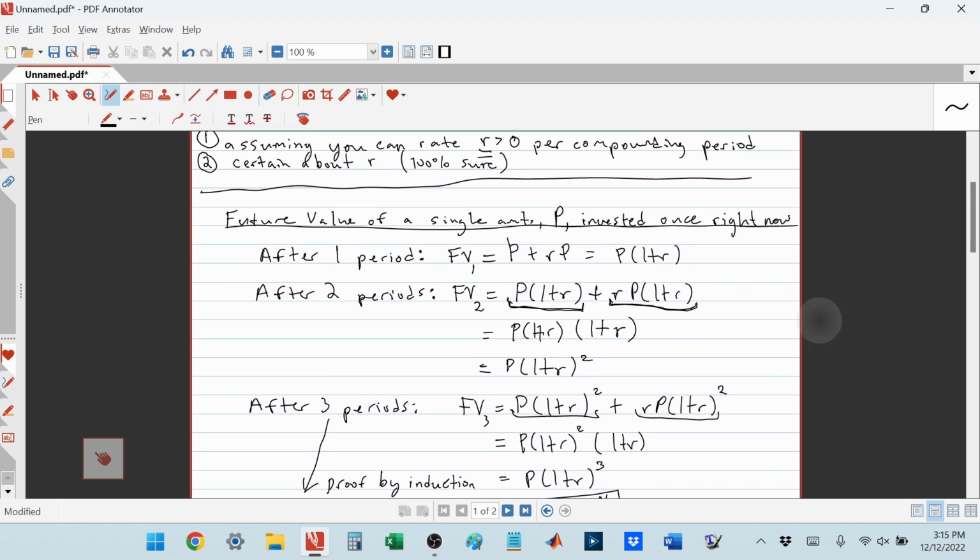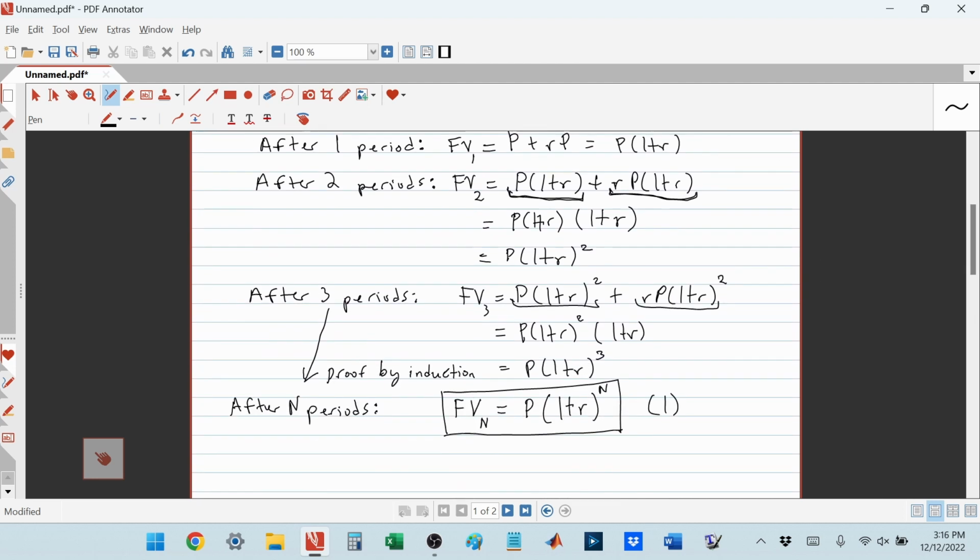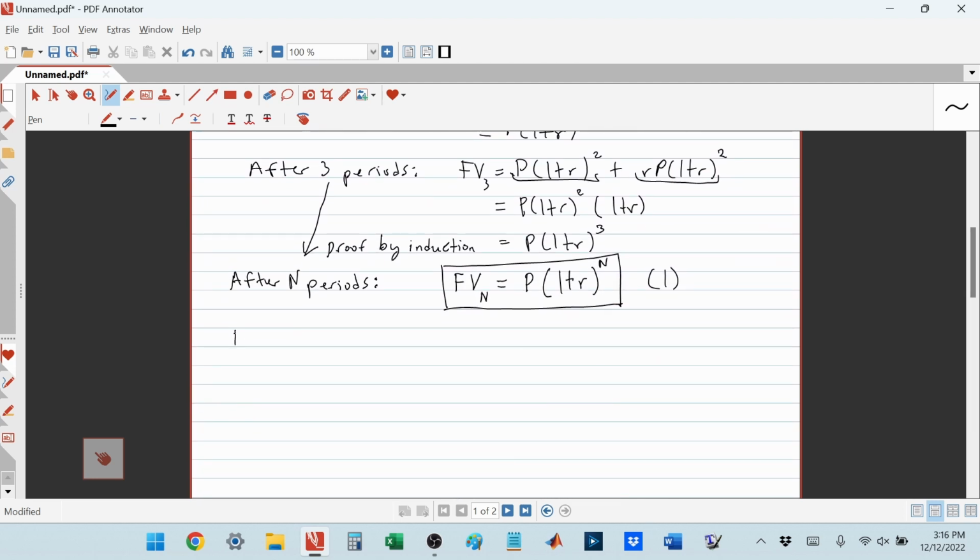So, that's the first equation. What about the future value, you have to forgive me, my tablet stylus program messes up sometimes, so I'll erase sometimes when it messes up. It puts marks on the screen that I don't actually put myself.